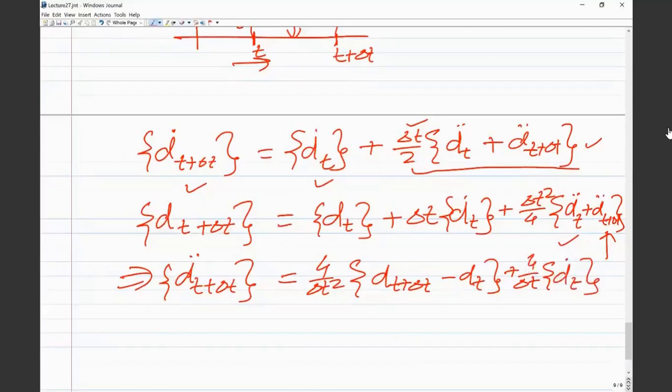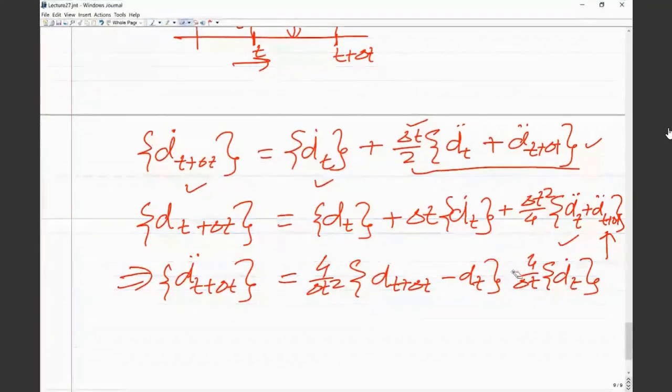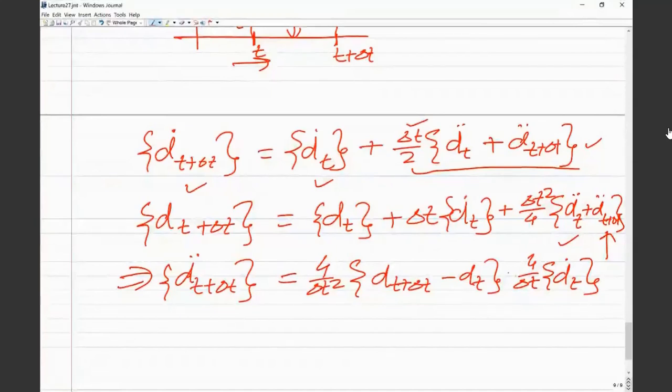Let me correct it. So now from this equation we will get d double dot at t plus delta t is equal to 4 upon delta t square into d at t plus delta t minus d at t, minus 4 upon delta t into d dot at t, minus d double dot at t.